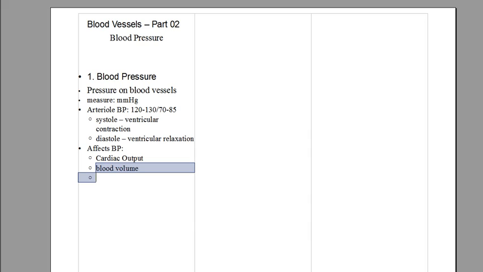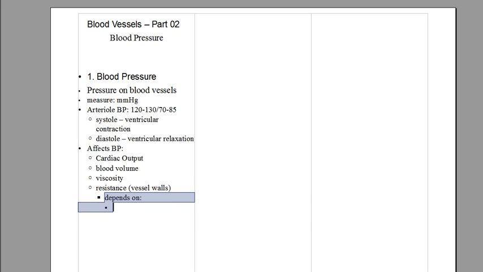The volume of blood circulating in your body will have some effect as well. The viscosity of the blood, normally related to the level of albumin in your blood. The resistance that your vessel walls provide over the blood flow as well.